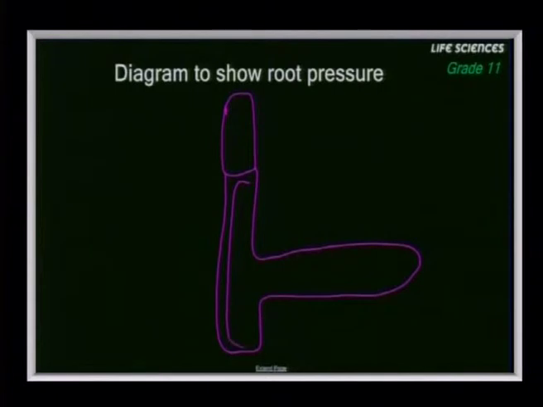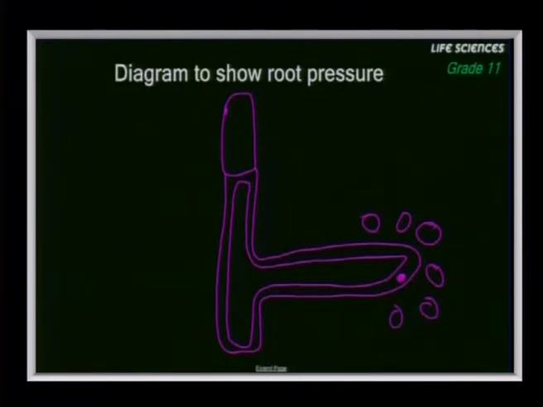So it has a thin cell wall, a very large vacuole, nucleus, and you've got your soil particles here. And then from here we're going to have our cortex cells. We're not really interested in the cortex cells. What we're interested in is the epidermal cells. So there's the large vacuole there with a nucleus. This is the neighboring cell.